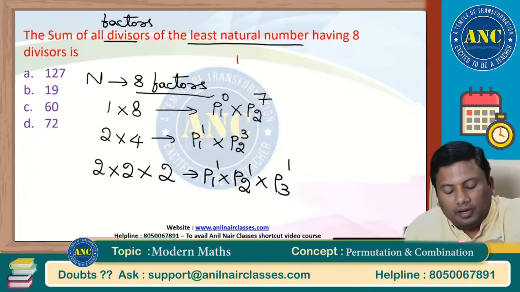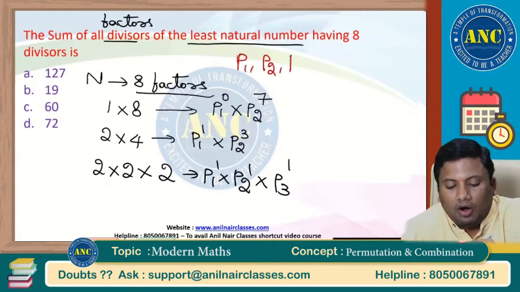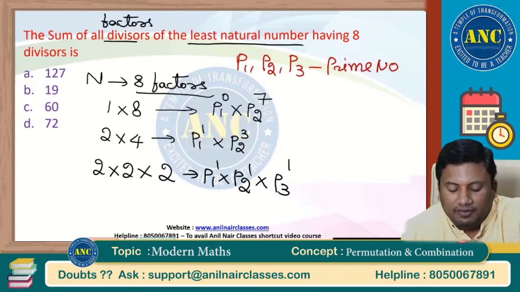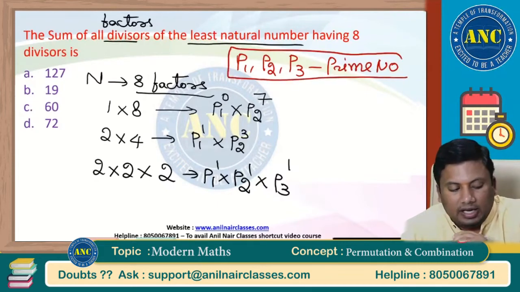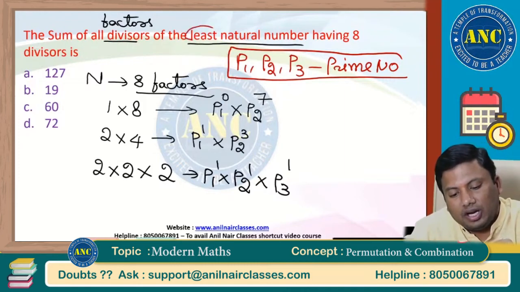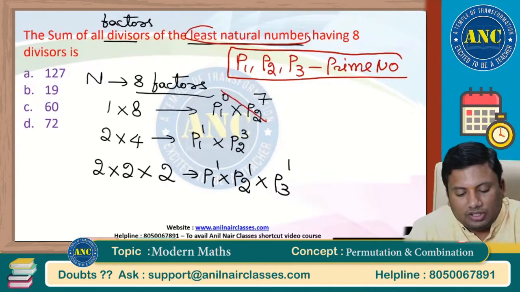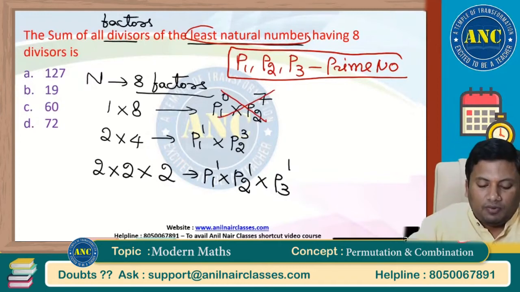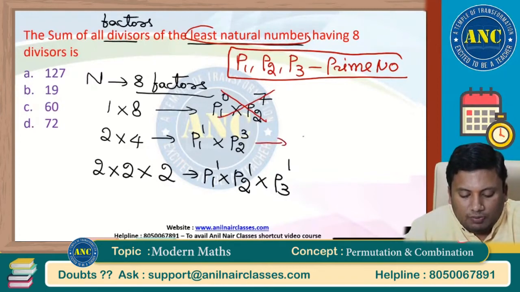What are P1, P2, P3 here? All these are nothing but prime numbers. Every natural number can be written as a product of powers of prime numbers. The question is the smallest natural number. What is the smallest prime number? 2 power 7 is 128.